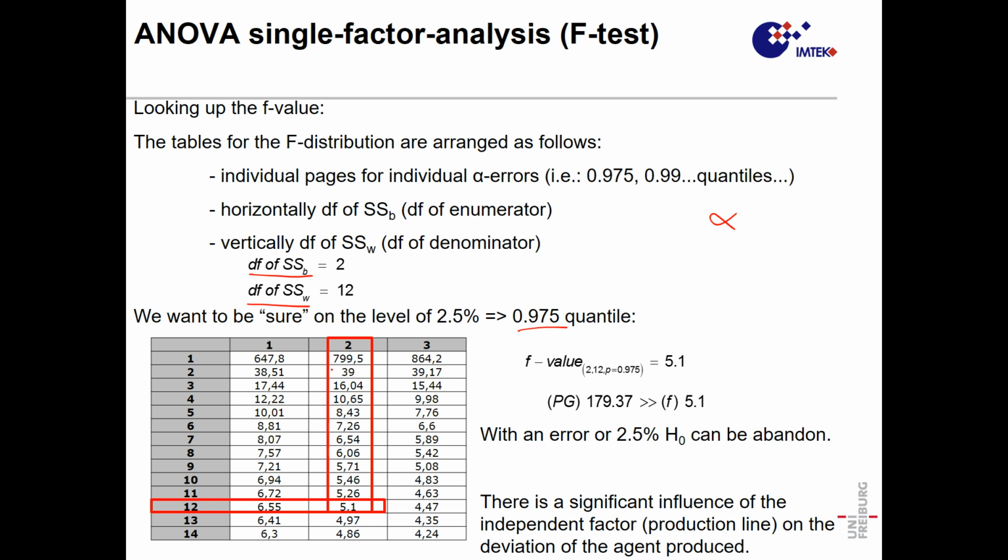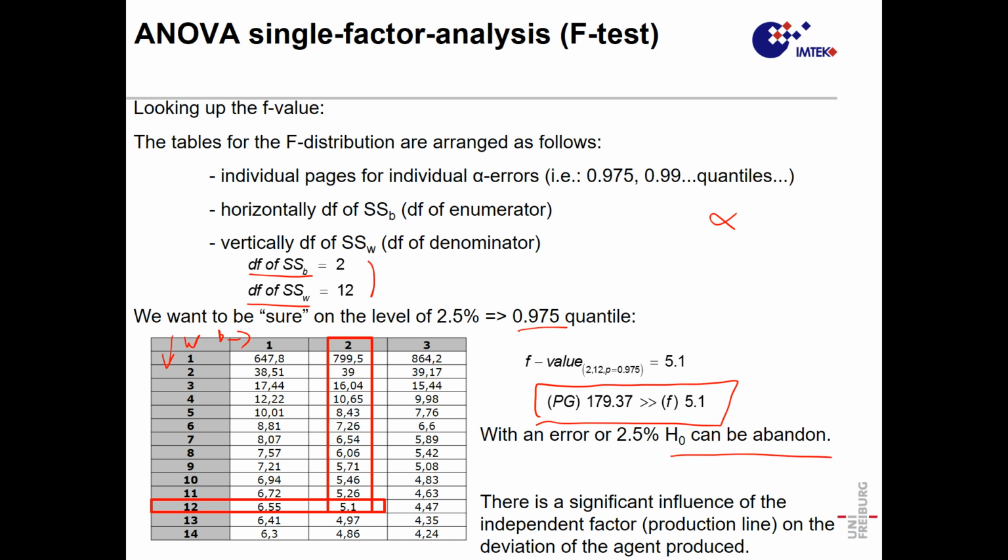Each table will look like this: degrees of freedom of within in this direction and between in this direction. So you look at 2 and 12 from our data, and they give us 5.1. 5.1 is way smaller than our F value, and then we can reject the null hypothesis.